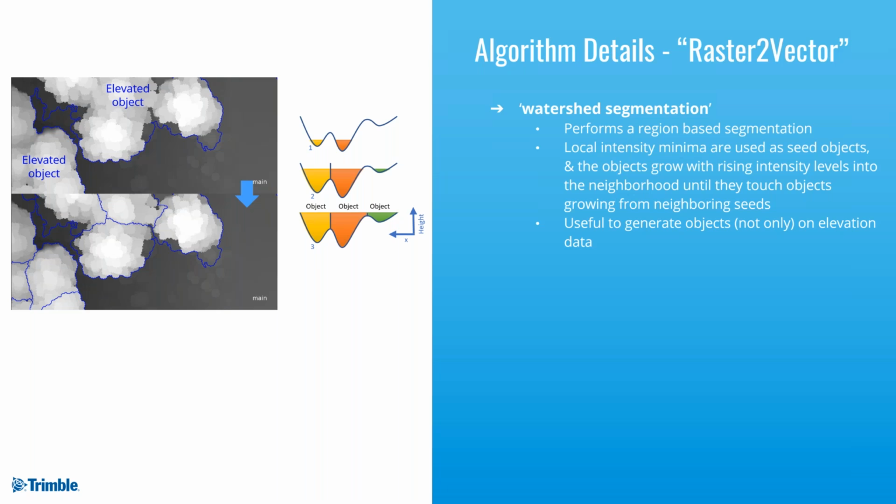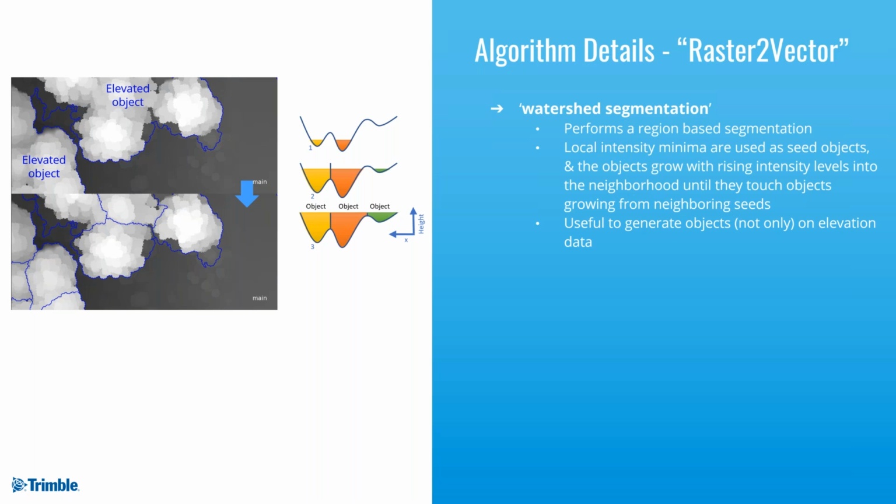I think it's about a 15-minute video or so, but really worth viewing to get the full understanding of this algorithm. I'll give you the quick version here. What we're going to consider in the watershed algorithm is that you use local intensity minima, or you can invert the algorithm and use the maxima values, like we will here today. And these will be considered as seed objects.